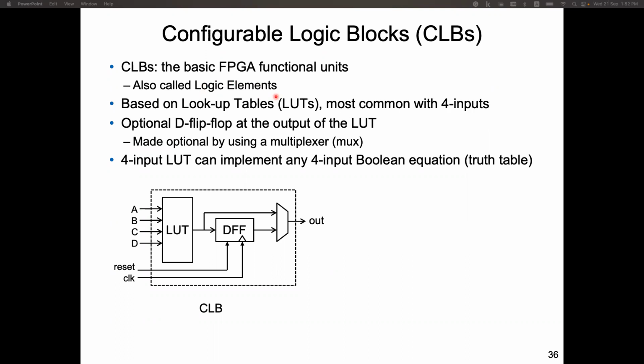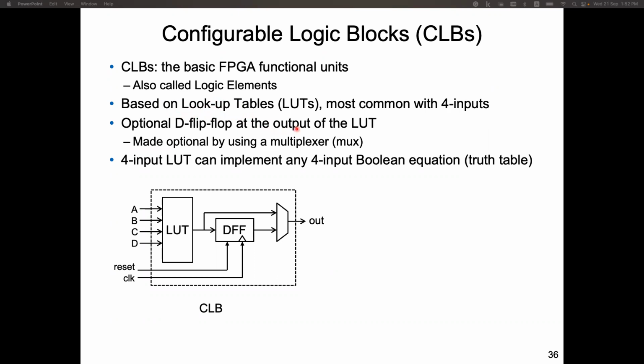Each element is similar to a simple PLD. It can implement any function of, say, 4 inputs, or 4-input logic. But this logic function is implemented using a lookup table, which I will explain in more detail later.